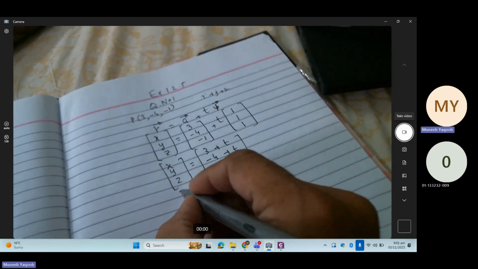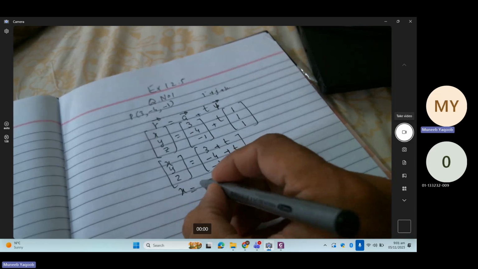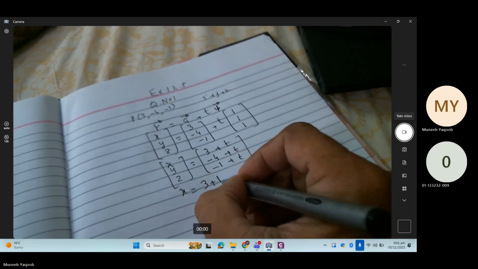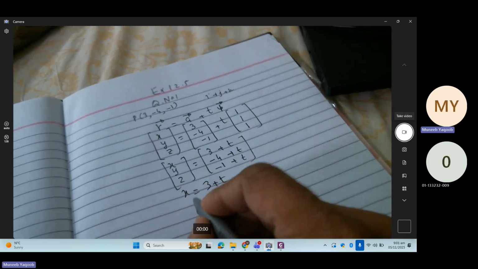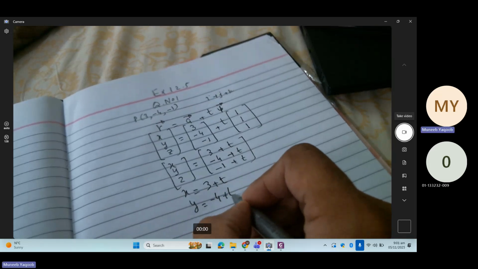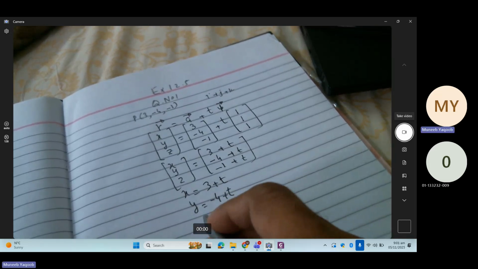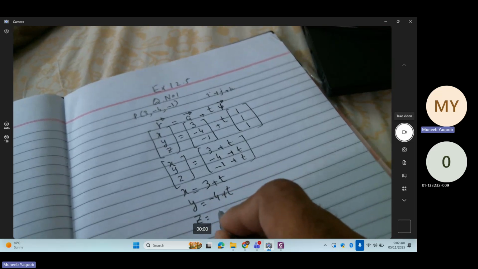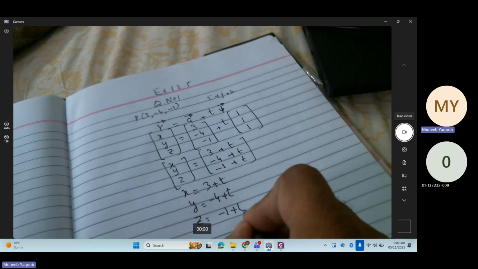The first parametric equation is x equals to 3 plus t. The second parametric equation is y equals to -4 plus t. And similarly, the third parametric equation is z equals to -1 plus t.